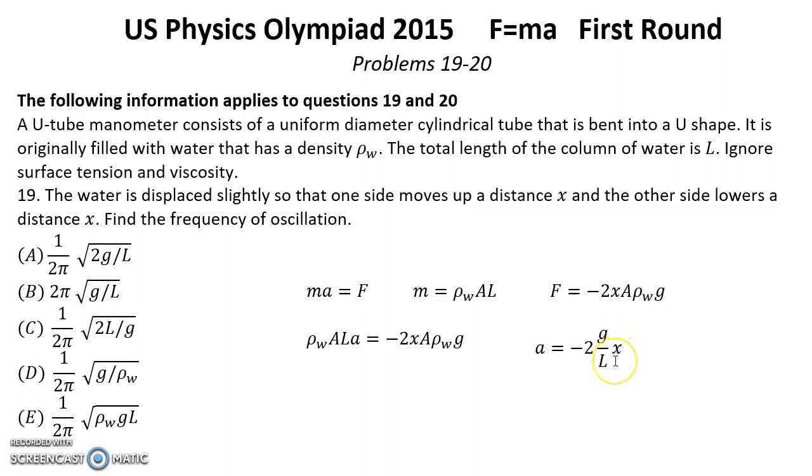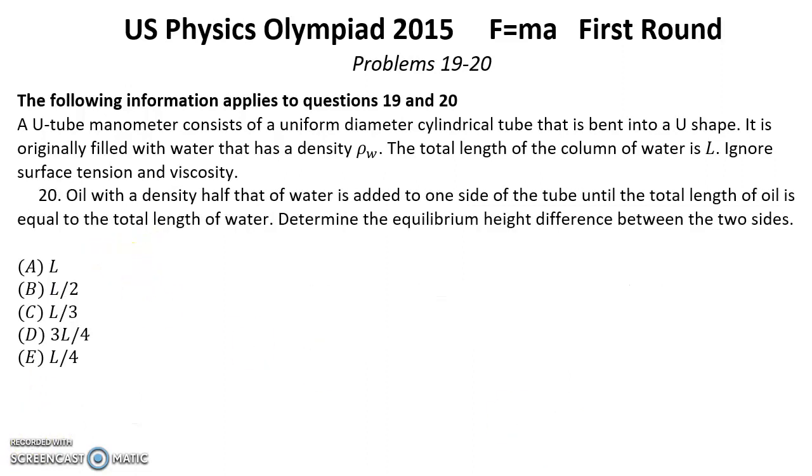Here x is displacement and a is acceleration. So from here we can find that frequency will be 1 over 2 pi square root of 2g over L. That's the answer A.